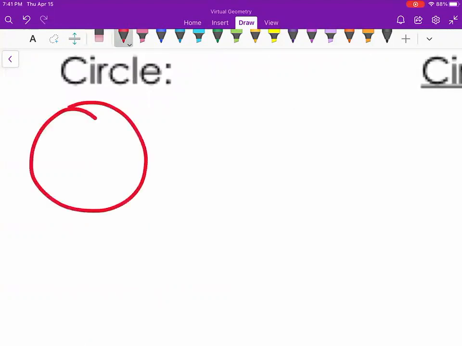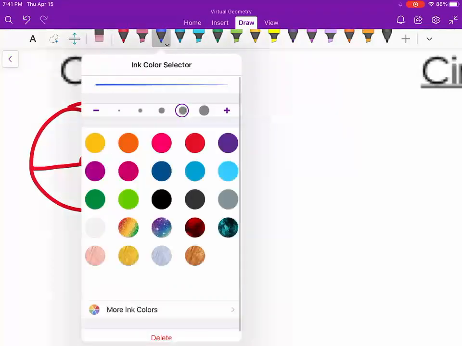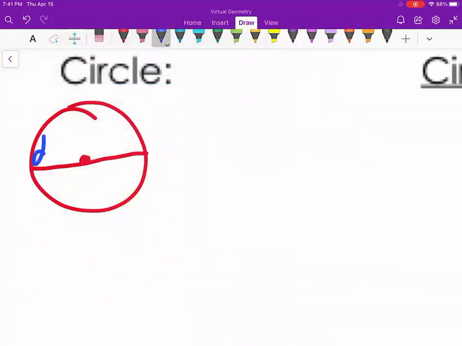So first thing I want to talk about is when we have our circle, and this is very important for our formulas. When we have a line that goes all the way through the middle of our circle, that is called your diameter. Sometimes when they give us the diameter, we can use that value to find different pieces of information.